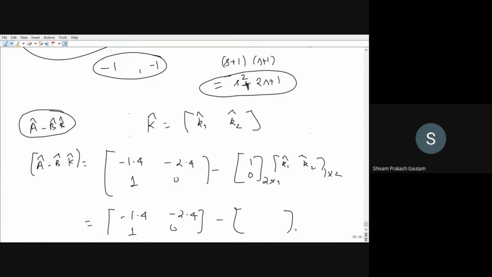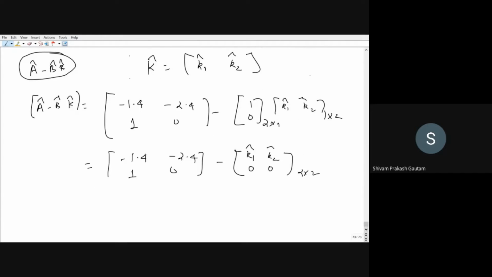So finally you will have a 2 cross 2 matrix where you will have K1 cap, K2 cap, and 0, 0 here. If you do this, it will be equal to minus 1.4 minus K1 cap, minus 2.4 minus K2 cap, and here you will have 1 and 0. So this is A cap minus B cap K cap.